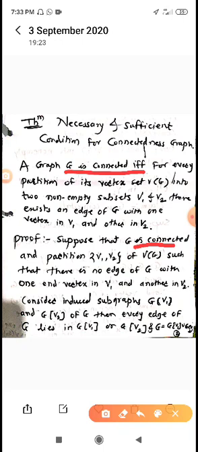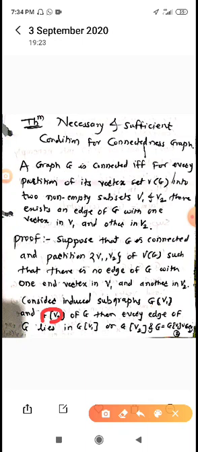For this, we find the induced subgraph by V1 and the induced subgraph by V2. That is, the graph induced by V1 is called G of V1 and the graph induced by V2 is called G of V2 of graph G. Then by using the induced subgraph definition, every edge of graph G lies either in G of V1 or G of V2, and all those edges are in the form of G of V1 union G of V2.